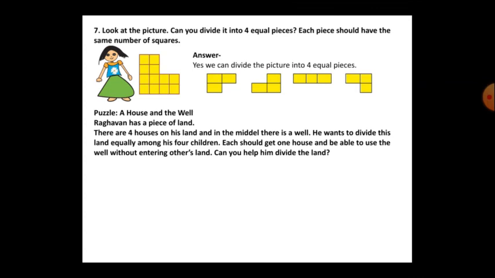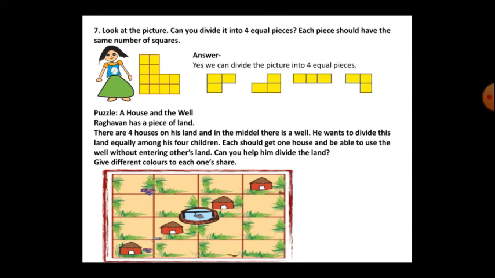Each will get one house and be able to use the well without entering other land. See, each child, without entering the other's land, has to take the water from the well. You know that 4 children are there, 4 houses are there, but in the middle the well is there. So how can they take it, you can help them.